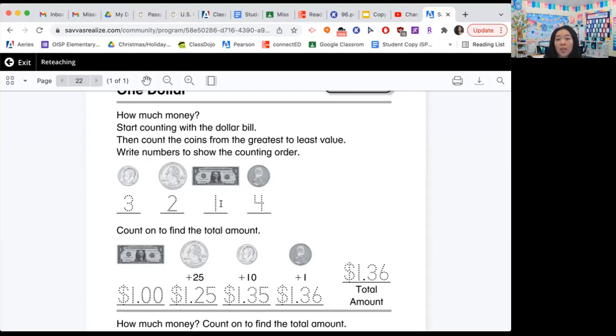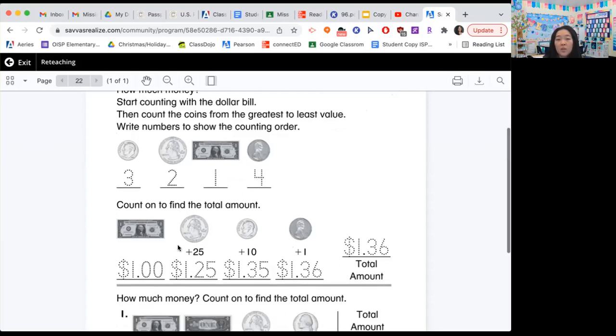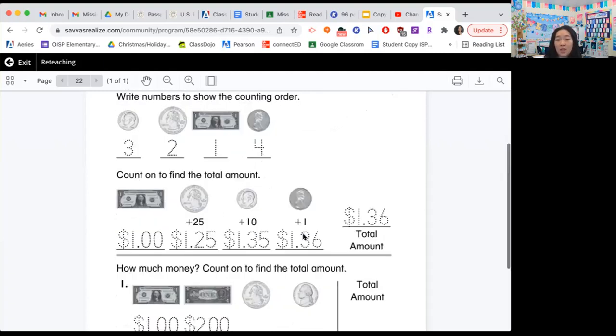So the dollar has the biggest value, then the quarter, then the dime, then the penny. You're going to put them in order: the dollar first, then the quarter, which is 25 cents, then the dime, which is 10 cents, and then the penny, which is 1 cent.